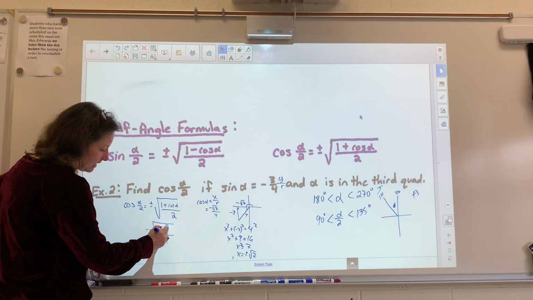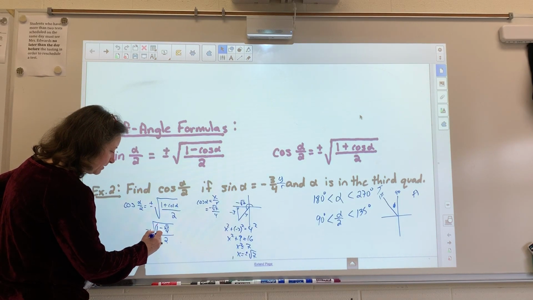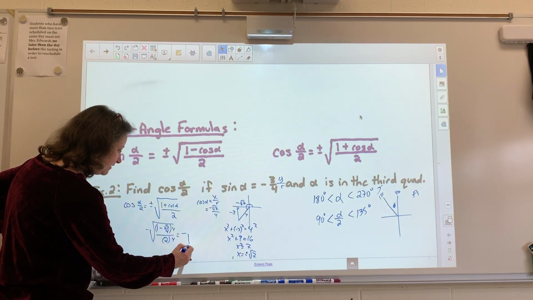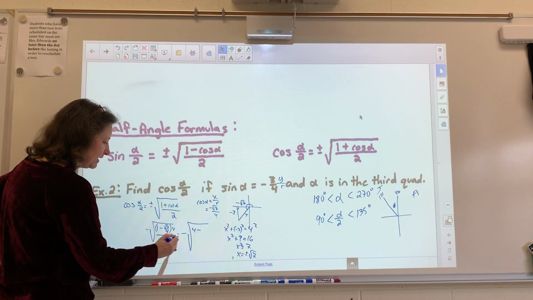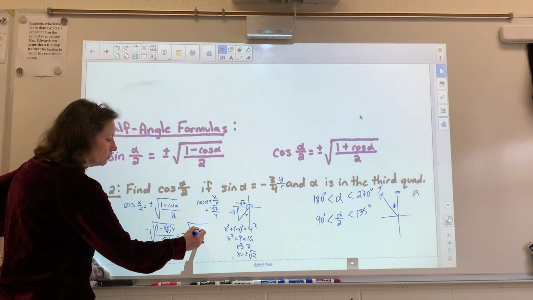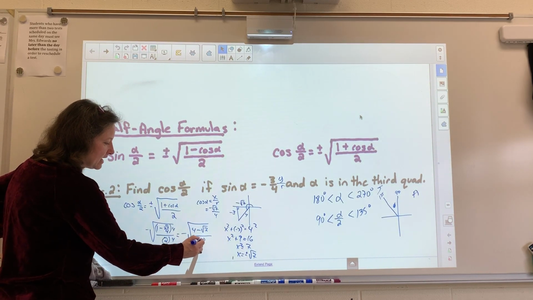What would be the common denominator of the only little fraction? 4. So I'm going to multiply my top row by 4, my bottom row by 4. That gives me negative square root of 4 minus, what do I get when I do 4 times the fraction? Root 7, all divided by 4 times 2 is 8.